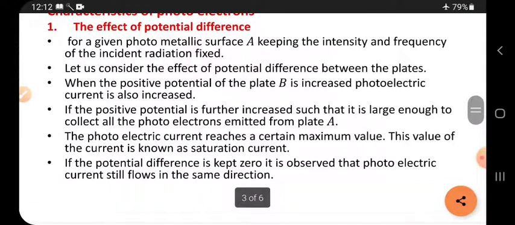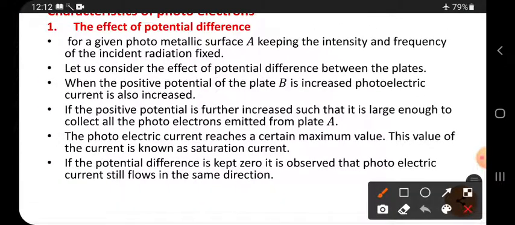Next, if the positive potential is further increased such that it is large enough to collect all the photoelectrons emitted from plate A. So again, if you increase the positive potential of plate B, then what happens? It is more positive.